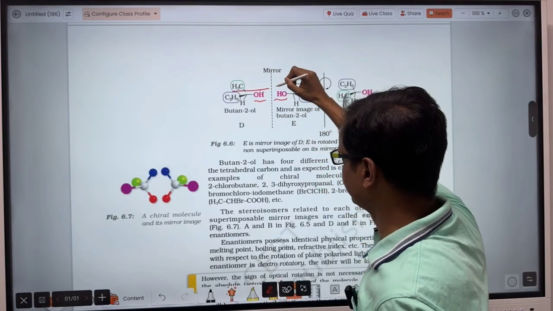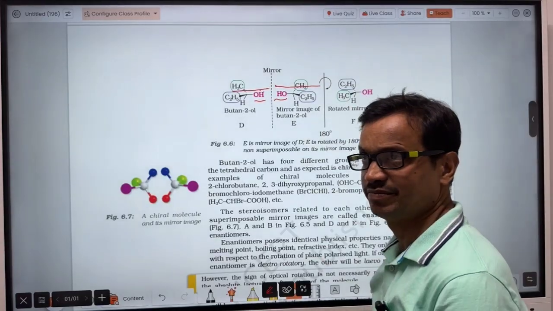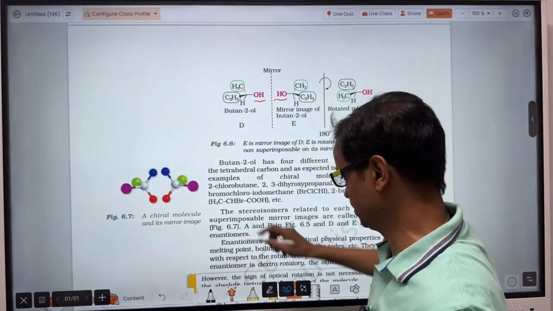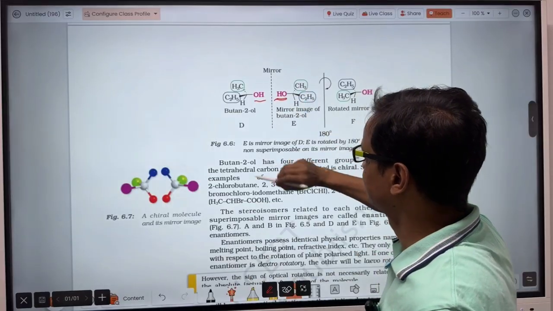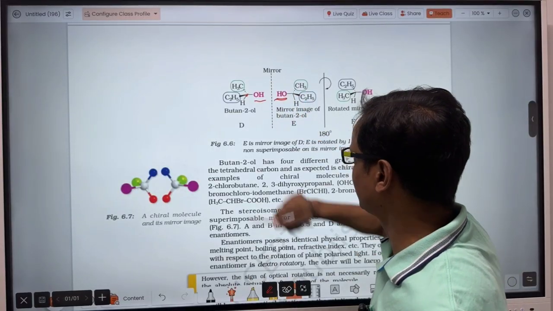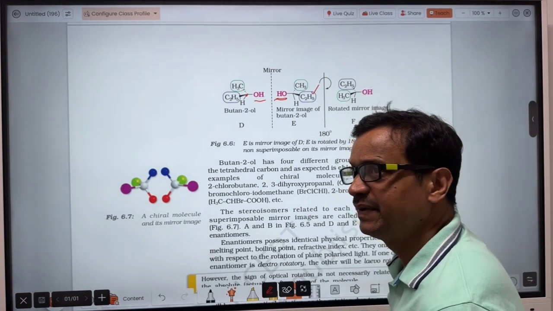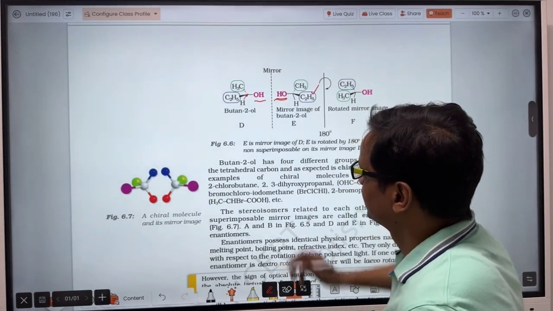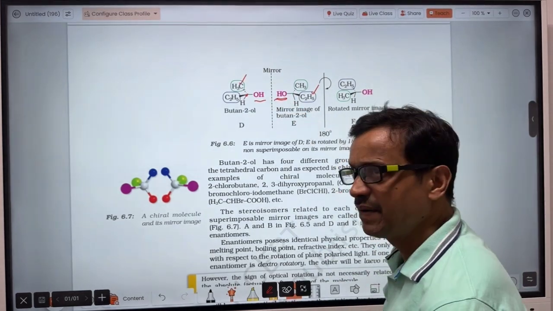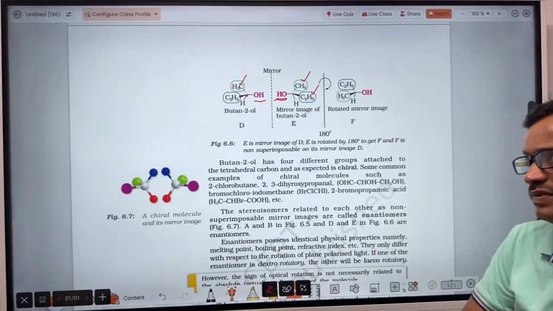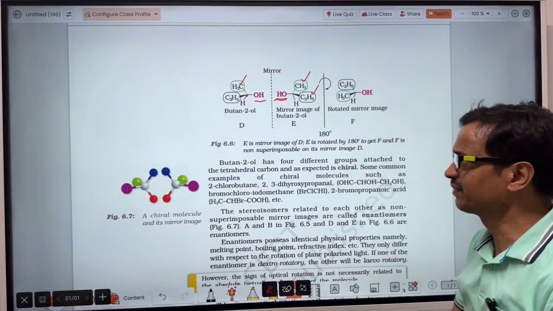Mirror image will be like that. So in the mirror image, the ethyl will be towards the observer. This methyl is away from the observer. So in the mirror image also, the methyl group will be away from the observer.